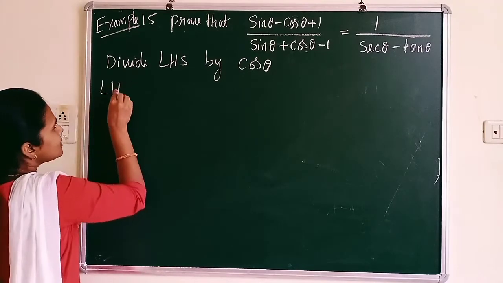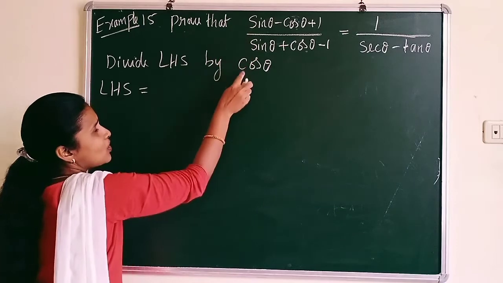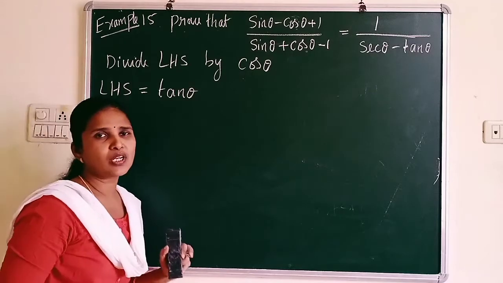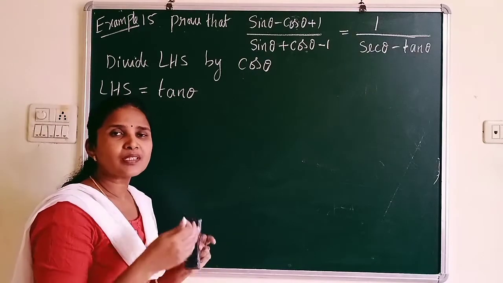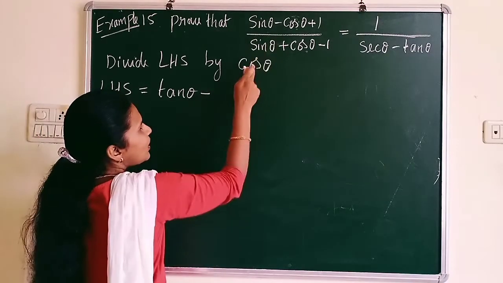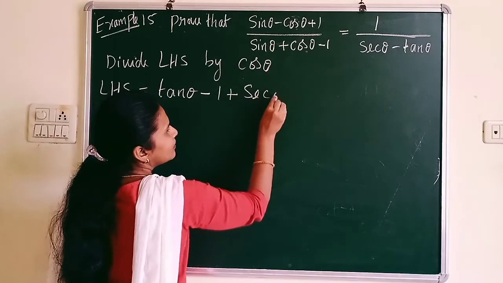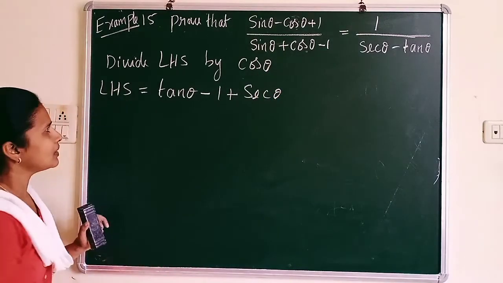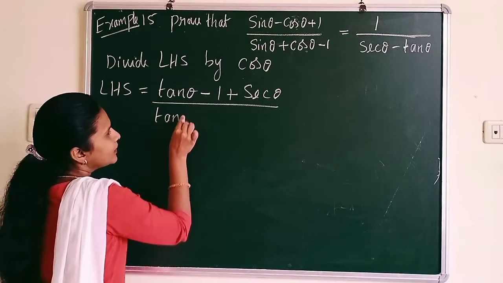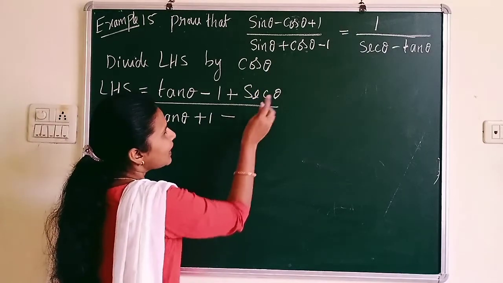Now the LHS is rewritten. Sine by cos, each term you divide. Sine by cos is tan. These you all have to remember: the reciprocals, the ratios, and also some key points which I discussed in the first video. So tan minus cos by cos is 1, plus 1 by cos is nothing but sec, because the reciprocal of cos is secant, divided by sine by cos again is tan, plus cos by cos is 1, minus 1 by cos is sec.